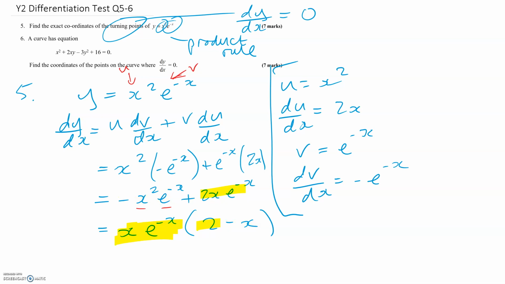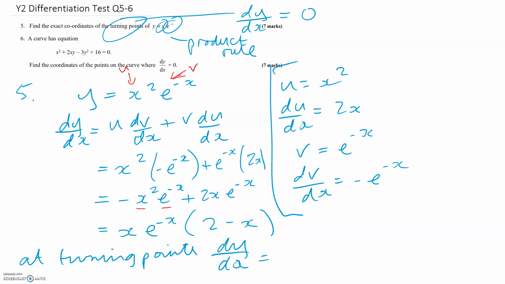Now that's going to be helpful when it comes to solving this equal to 0, because at the turning points, dy by dx equals 0. So that means we now have 0 equals x e to the minus x times 2 minus x.